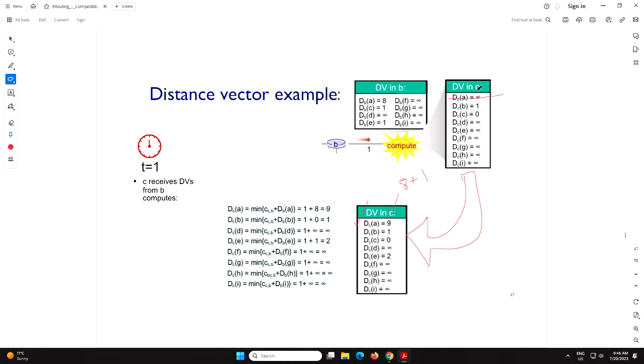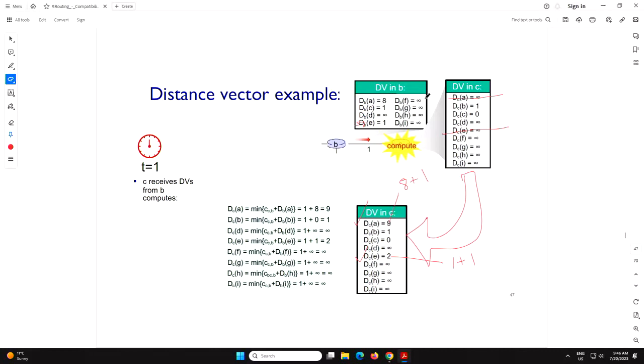So this is something good, right? The next one, C at 1 is not very useful because this information is going to C, but this is useful, right? B is saying I can go to E with the cost of 1. And if you look here, there was no entry for E, so now there should be an entry for E, and it is 2 because it's 1 plus 1, right?